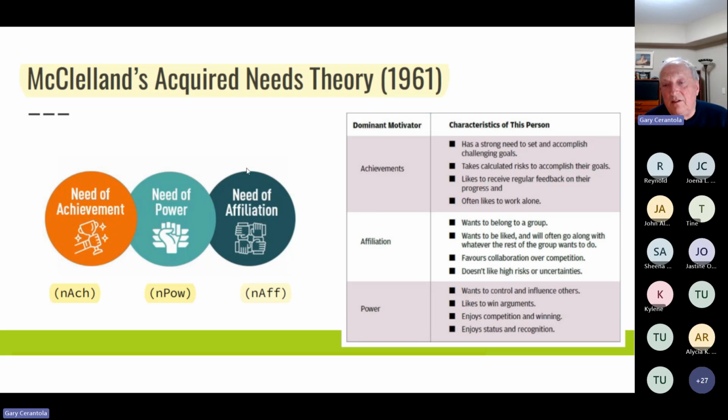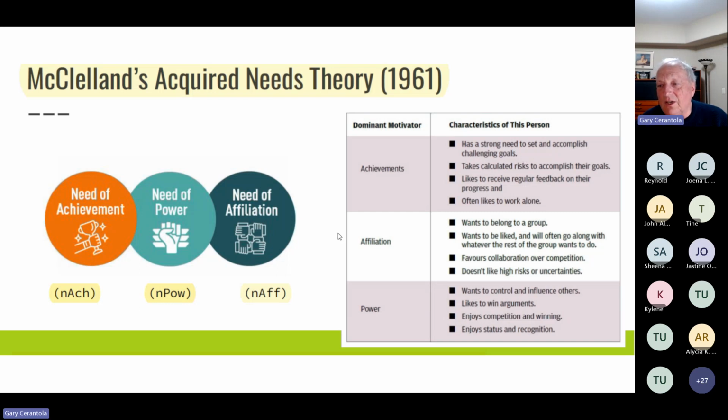Some people have a need of affiliation, and you'll find a lot of those kind of people centered around service industries or hospitals, fire service, because they're part of the team. So I want you to take a look at these 3 factors of need, and then go through and read this stuff. Achievement: a strong need to set and accomplish challenging goals.